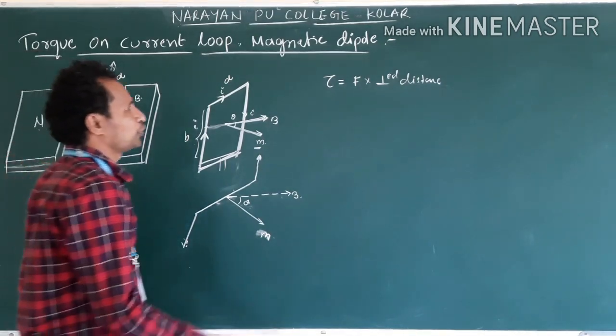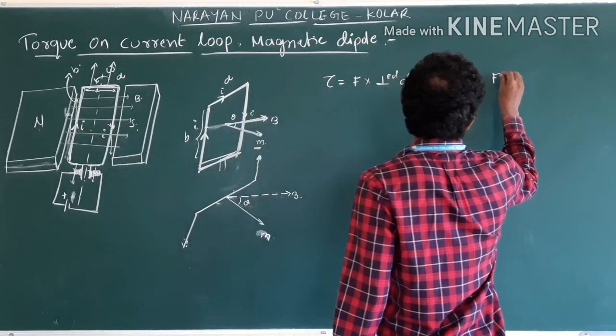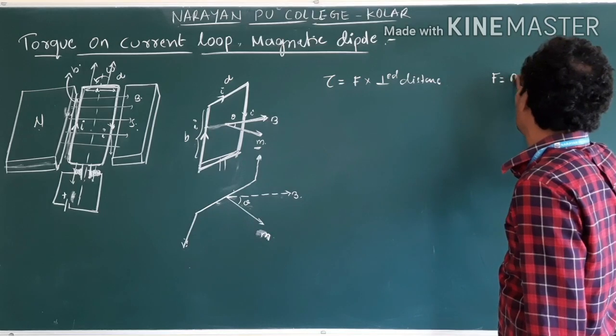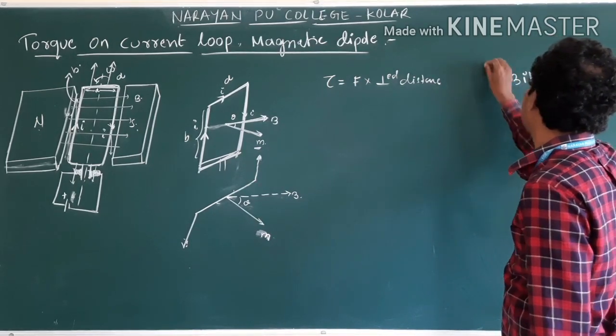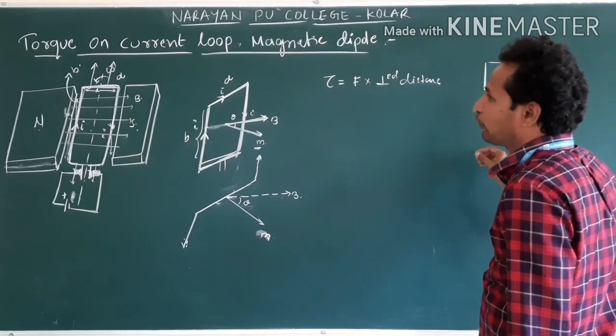Clear? Already we have a force formula. What is that? F is equal to B, the general formula is BIL sin theta. This is the general formula. But force on which conductor?